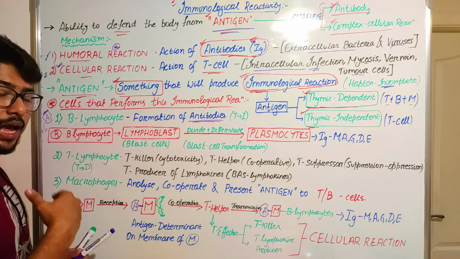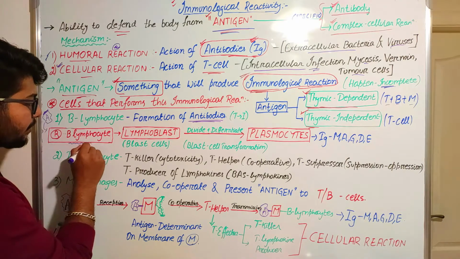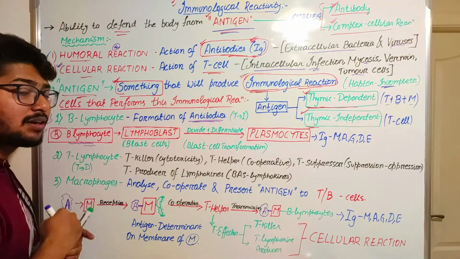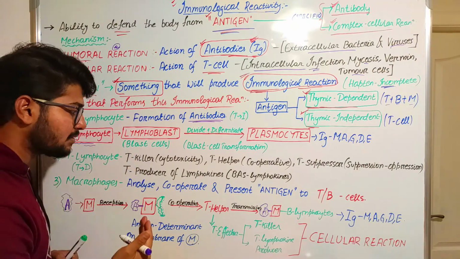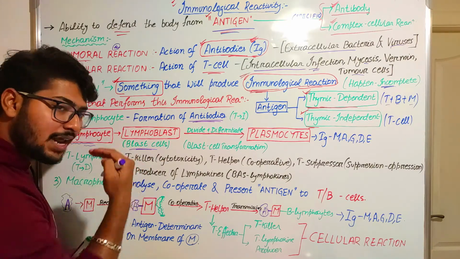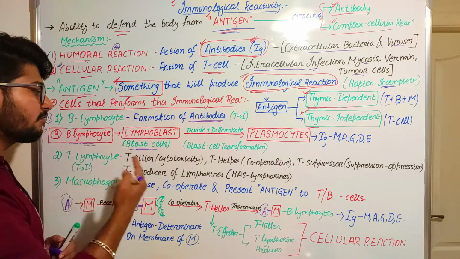When the antigen comes to our body, the receptors present in the B lymphocytes get activated, and the B lymphocytes get converted to lymphoblasts. Lymphoblasts are nothing but blast cells or stem cells that will produce more B lymphocytes.